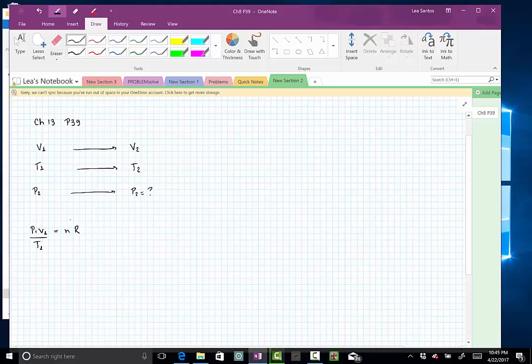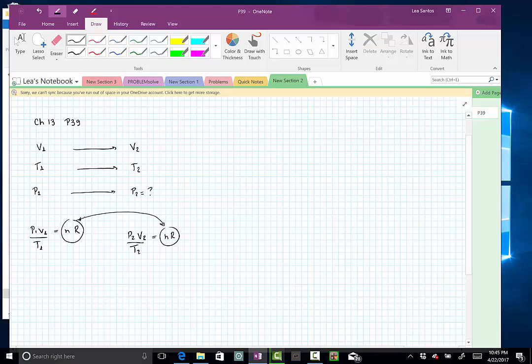This is what is not changing. On the other side, after we compress this volume, we'll get P2 V2 equals nR T2, but I'm going to put this T2 here.